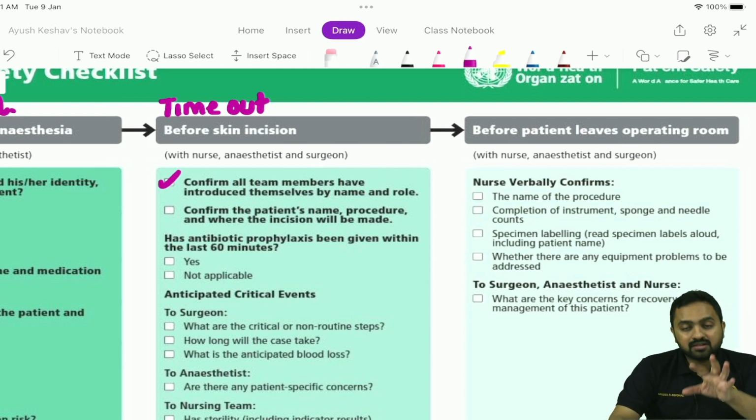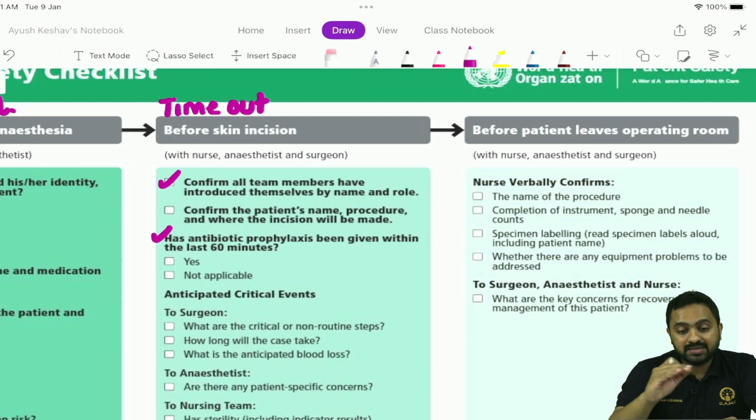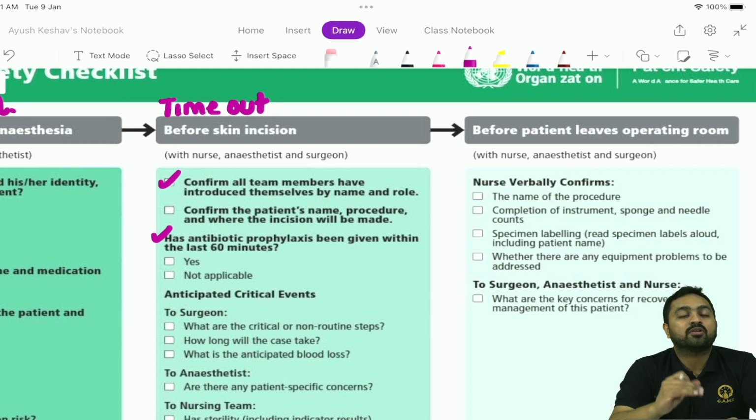Then they confirm the patient's name, procedure, and where the incision will be made. Then, has the antibiotic prophylaxis been given within the last 60 minutes?